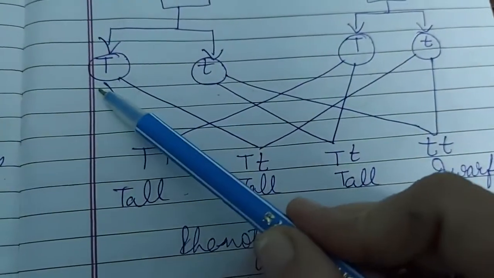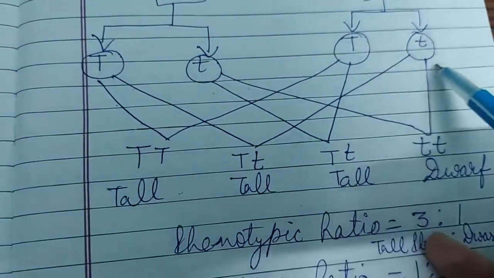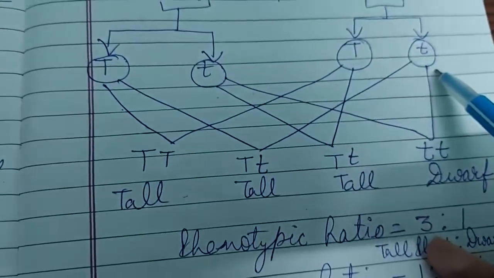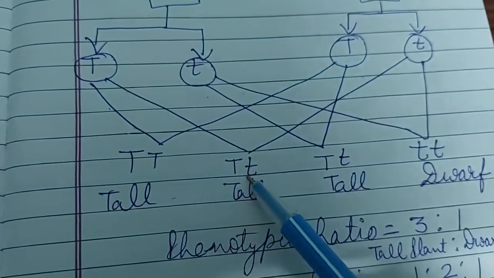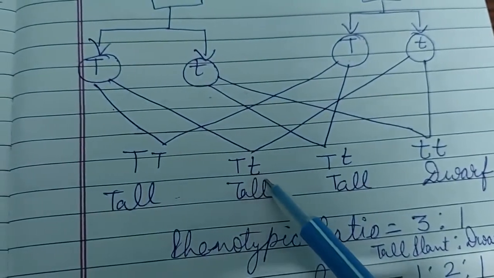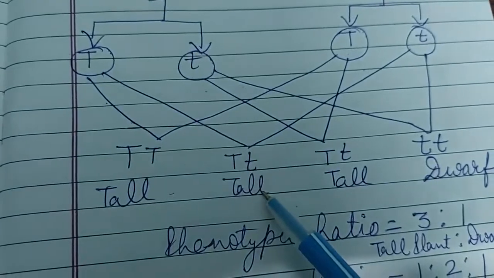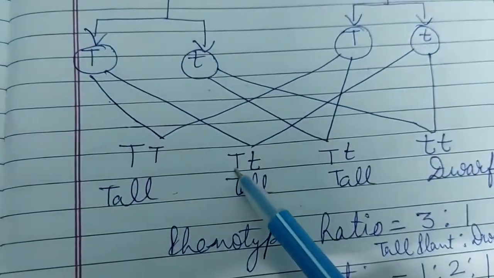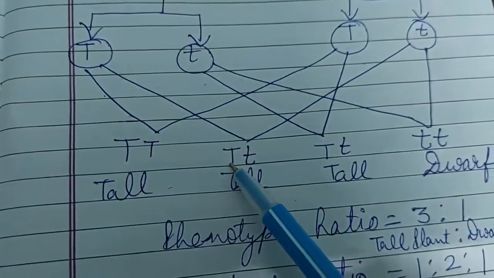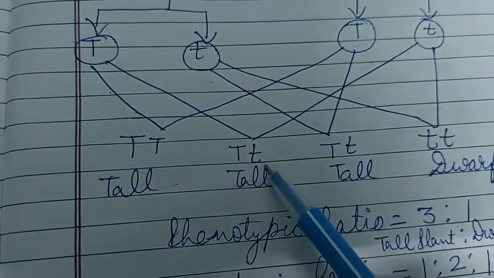And when this capital T combines with this small t of mother, then the genotype is capital T and small t, but the phenotype will be tall because of the dominance of tall over dwarfness.